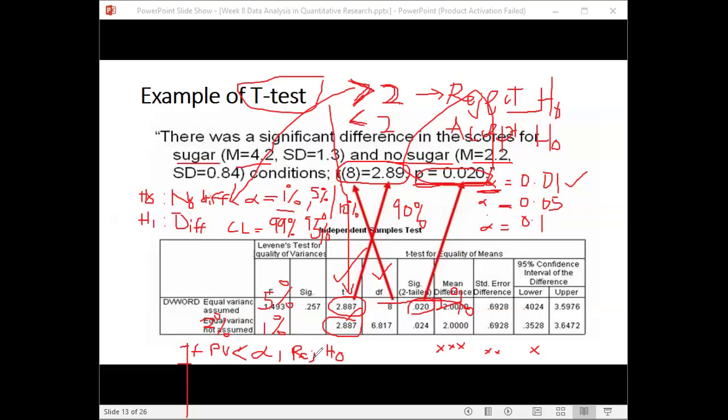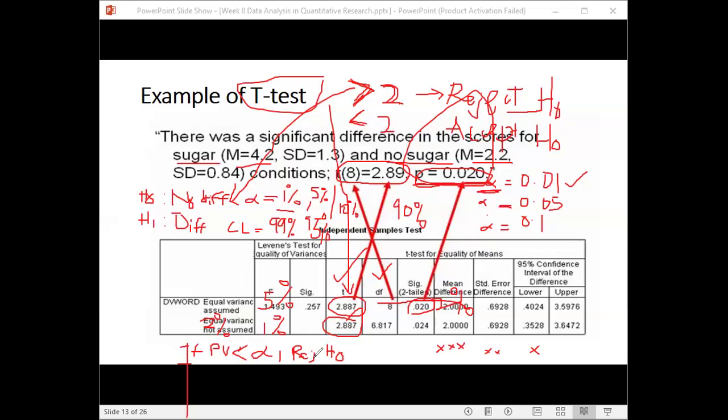Now I collect data on your results. I find the mean performance of males and the mean performance of females. Now I test to find out, is there a difference between these two groups? The table has given me a p-value. That p-value has to be compared with my significance level, 1%, 5%, or 10%. The best is what? 1%, right?